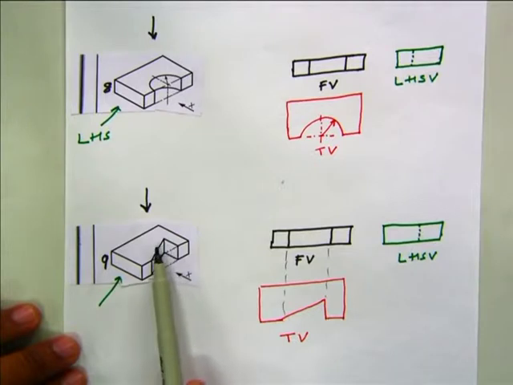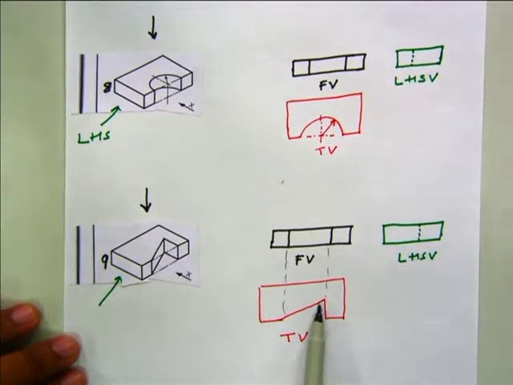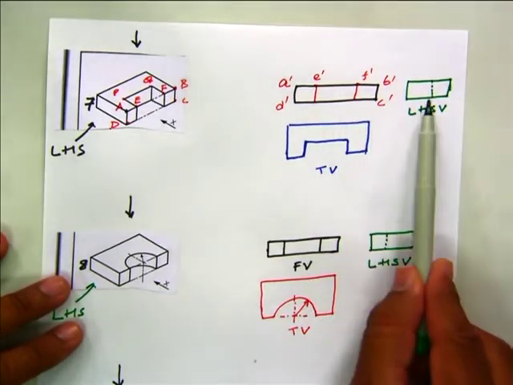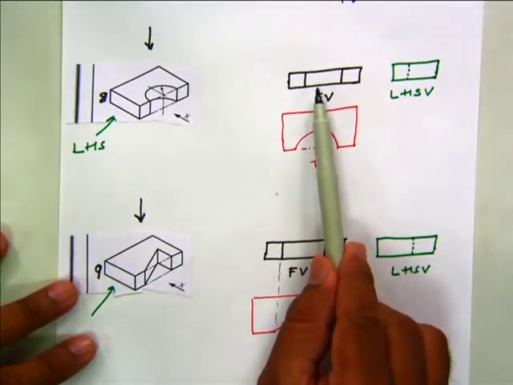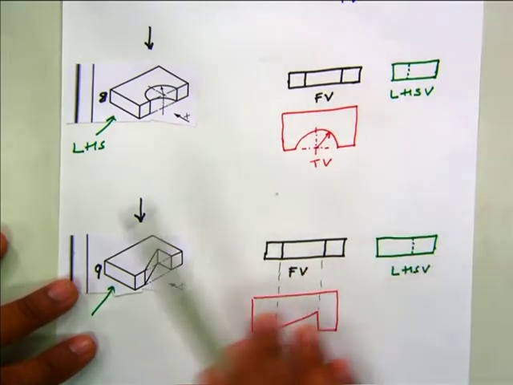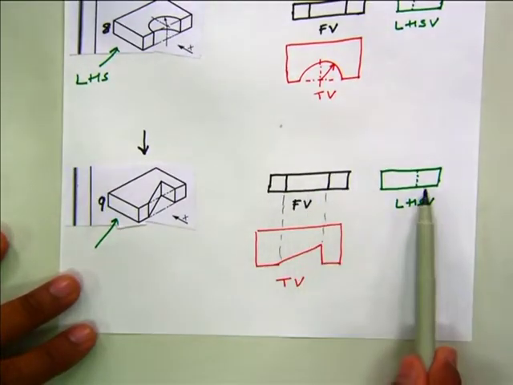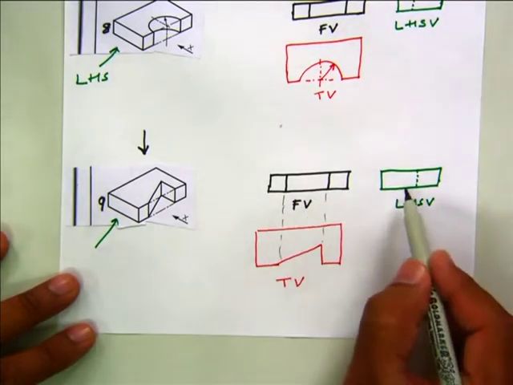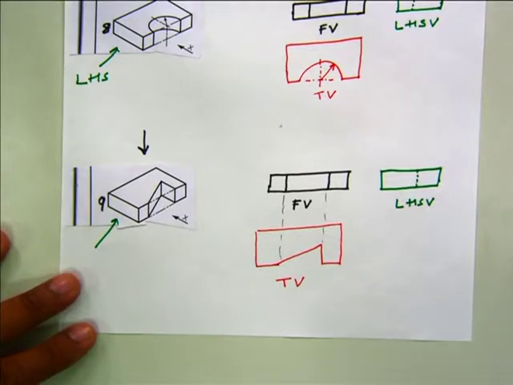The rest of the views, front view and left hand side view, are only rectangles with some full line or hidden line. Let us have 1, 2, 3 more simple such views of a rectangle plate.